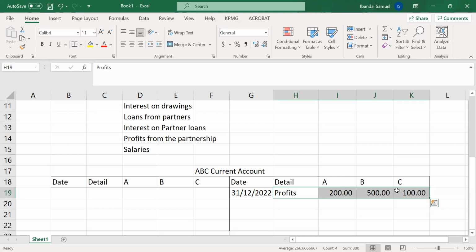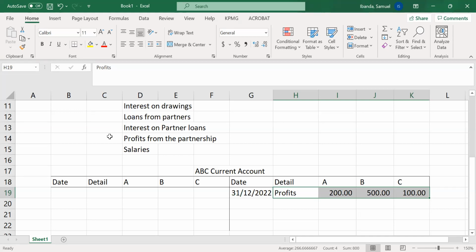When partners make profits, this account is benefiting. So this account is credited every time the partners are benefiting, and it is debited when the partners are not benefiting. That's why I'm saying we credit it when the partner's value is increasing and debit when it's reducing.